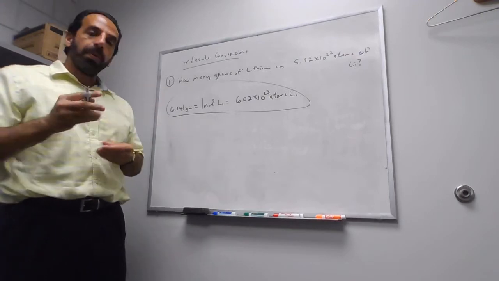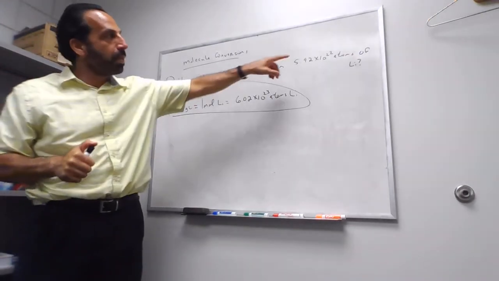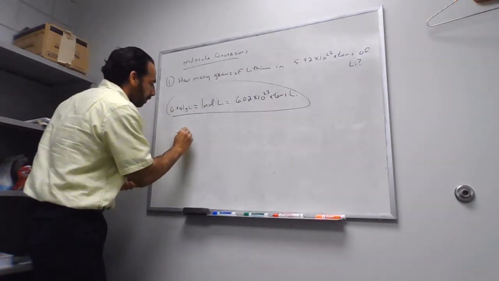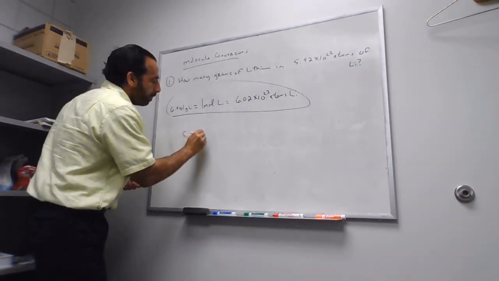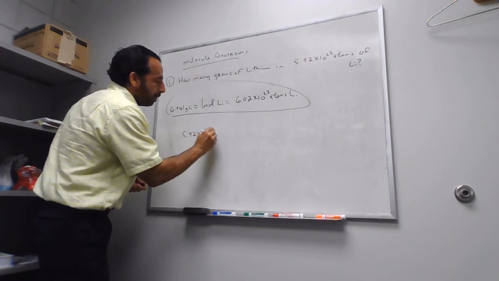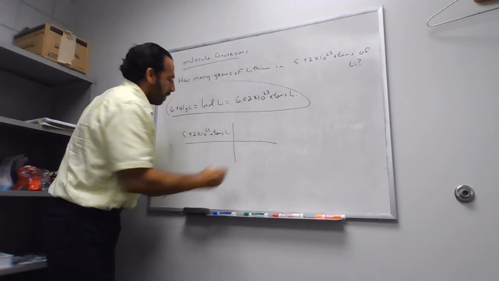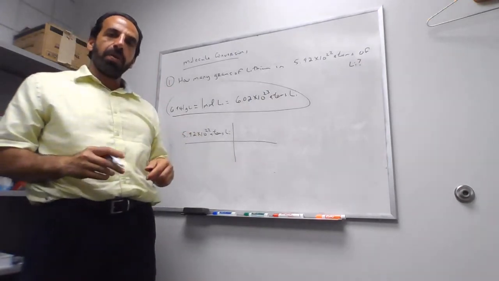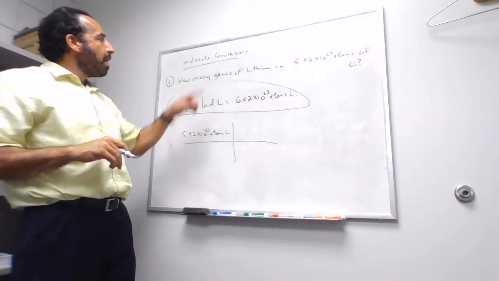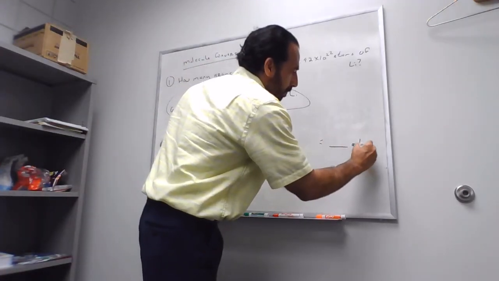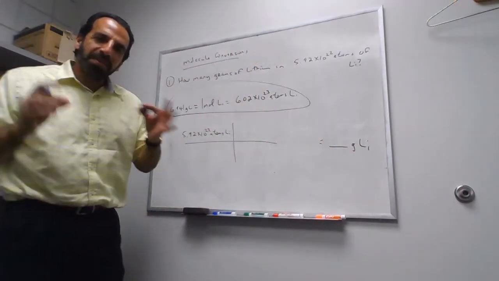To do this problem, we want to write down what's given. In this case, what's given is always the one in the original problem. It's 5.92 times 10 to the 22nd atoms of lithium. Eventually, we need to get to grams. You can do this a couple of different ways.